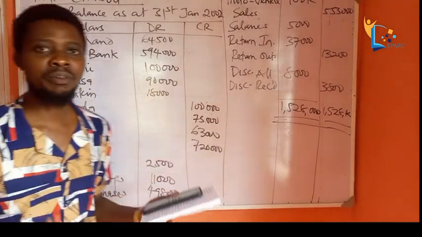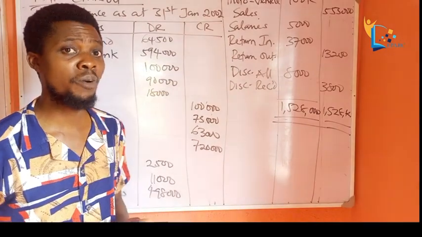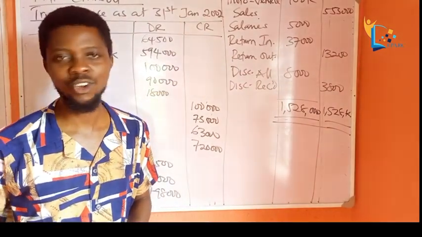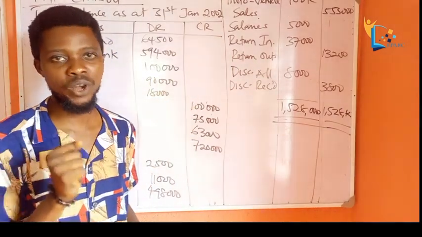So the credit side and the debit side are now equal. So this is the trial balance. So all our entries from the beginning, from the cash book to the end, are correct. Once your trial balance does not balance like this, know there is a problem somewhere.